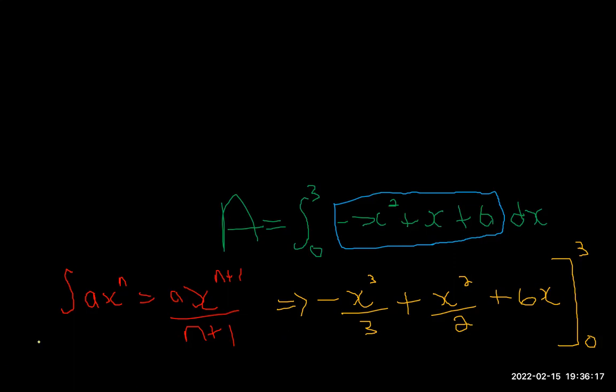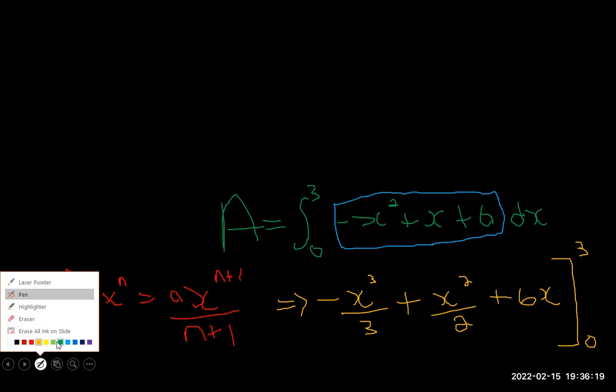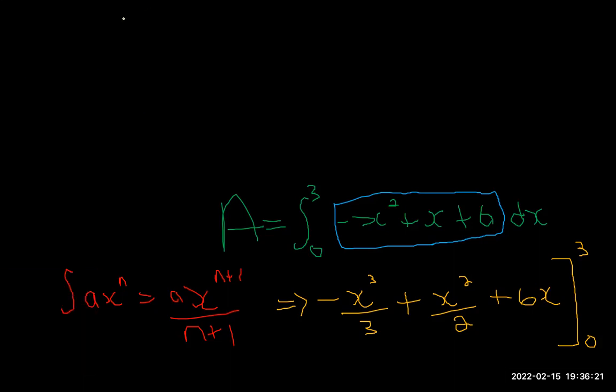So the 6, let me use a different color. Let me say it's a pure number, right? 6. Laws of indices: there's a rule that says anything to the power of 0, so in this case my base is x, is going to give me 1.